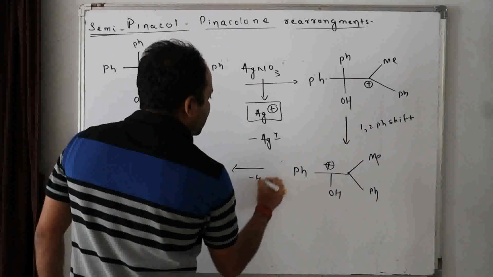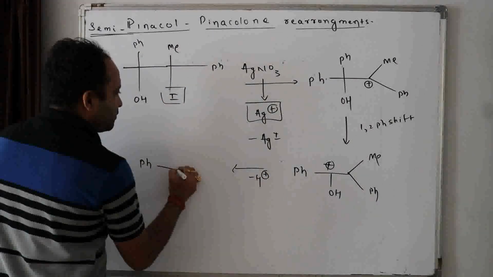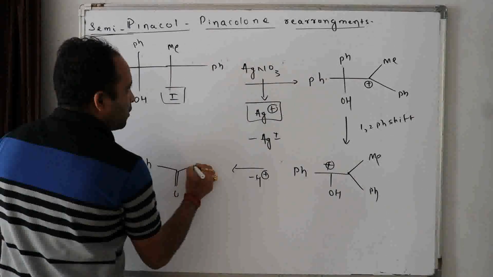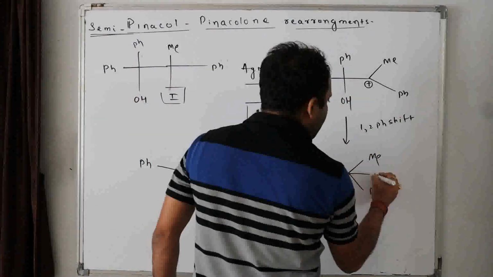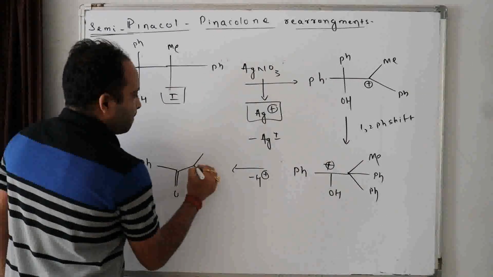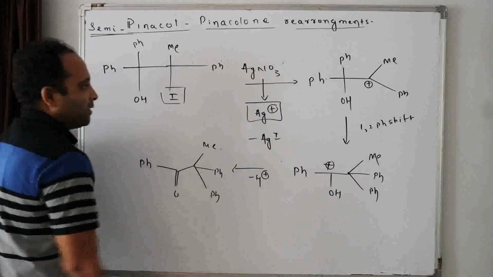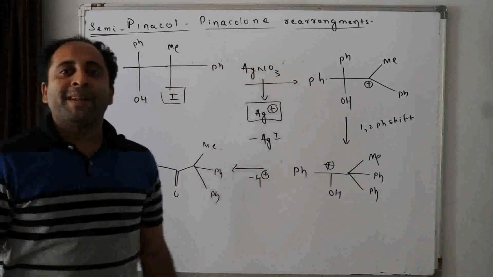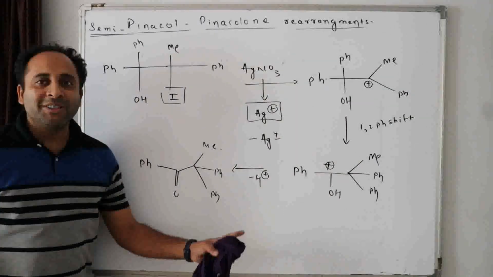Now H plus fired, Ph, double bond O. What will be formed? Now, what is shifting here? Phenyl. Now we have another phenyl here. Phenyl, phenyl, methyl. Done. Easy. This is all about pinacol and pinacolone rearrangement. Okay, beta? Any doubts in this? Sure.